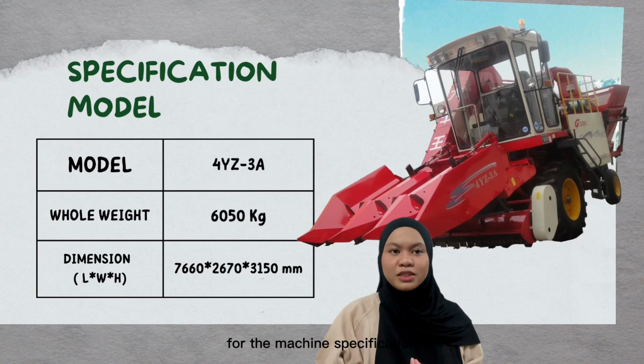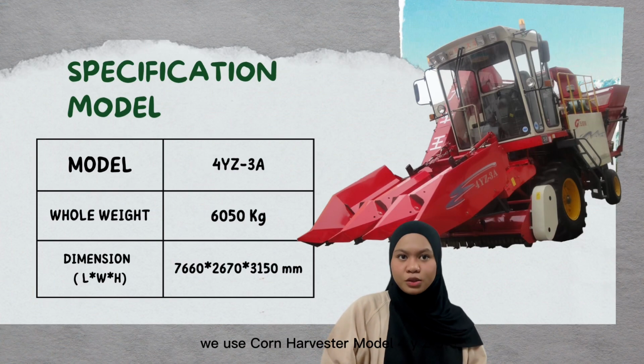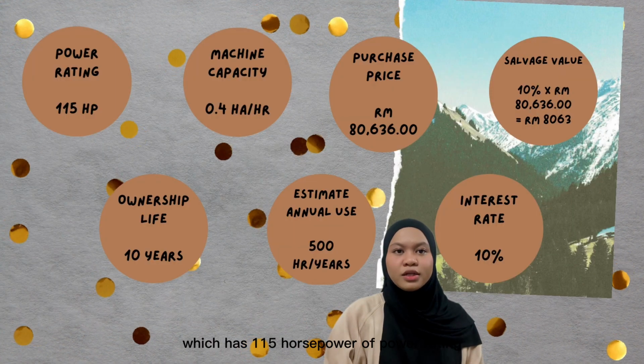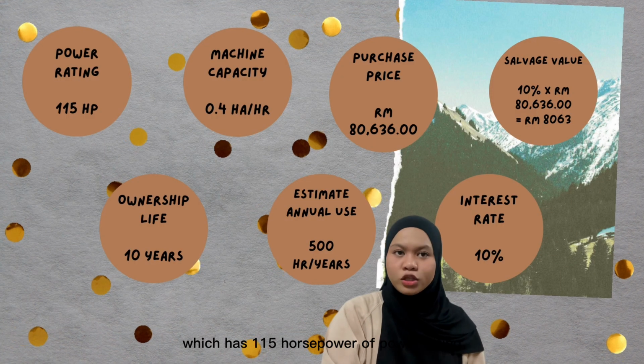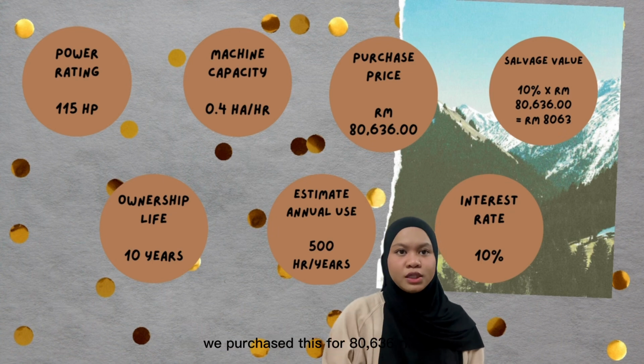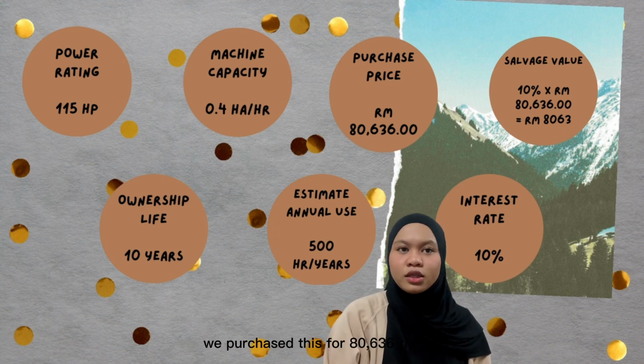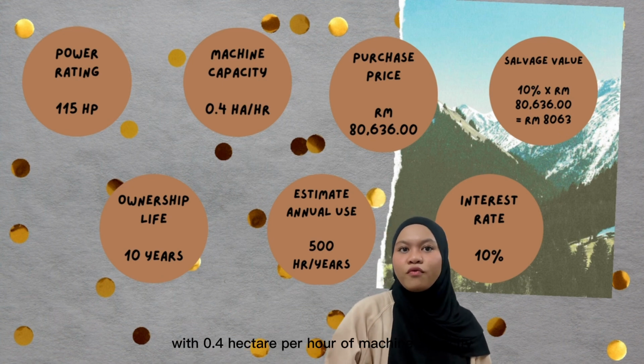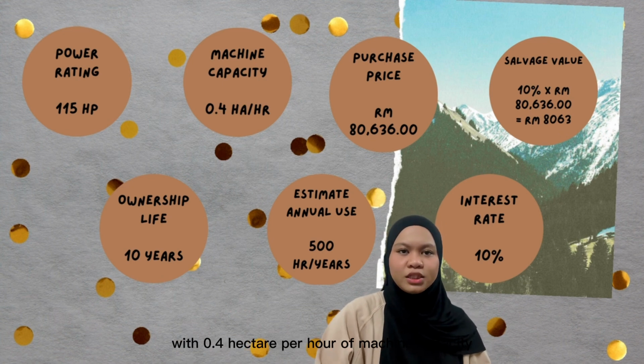For the machine specification, we use corn harvester model 4YZ3A, which has 150 horsepower of power rating. We purchased this for 80,636 ringgit with 0.4 hectare per hour of machine capacity.